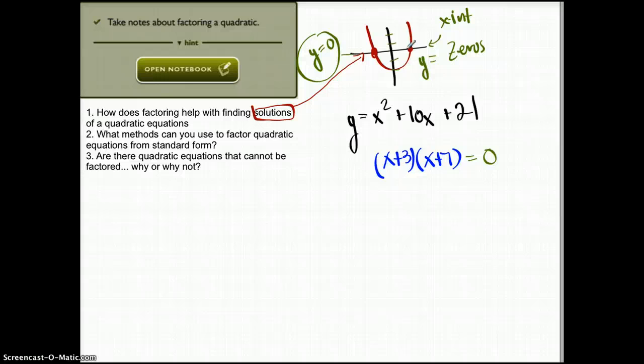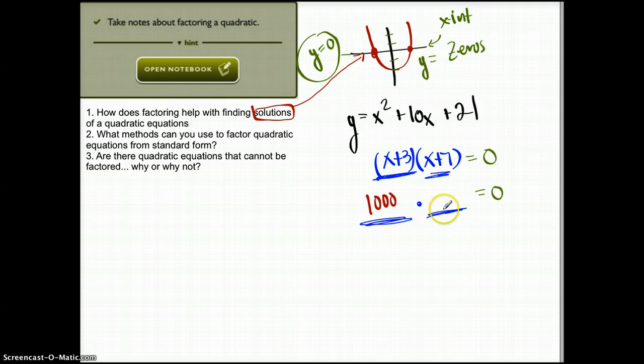Let me simplify the way this equation looks. I have one number times this number, and it must equal 0. Now let's pretend that this number here equals 1,000.